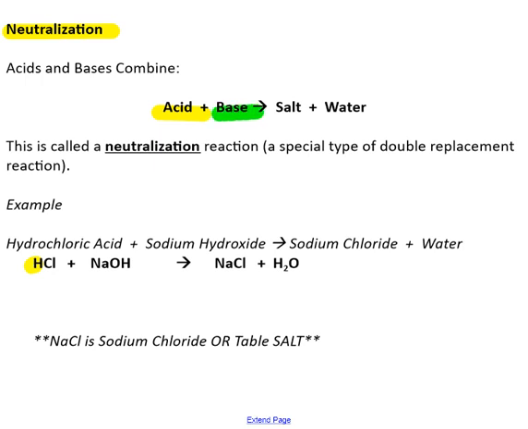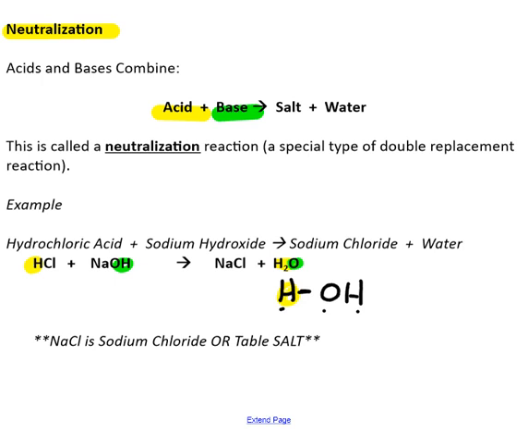The part of your base that makes it basic was the OH. When the hydrogen from the acid and the OH from the base get together, we have water. Water is a mixture of hydrogen and hydroxide. It's often written as HOH, sometimes H2O, because it still has 2 hydrogens and an oxygen.